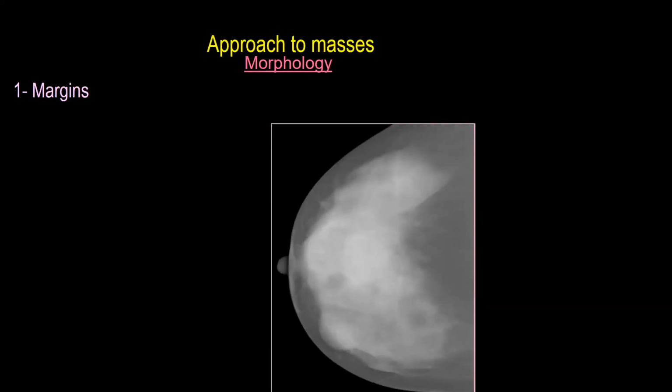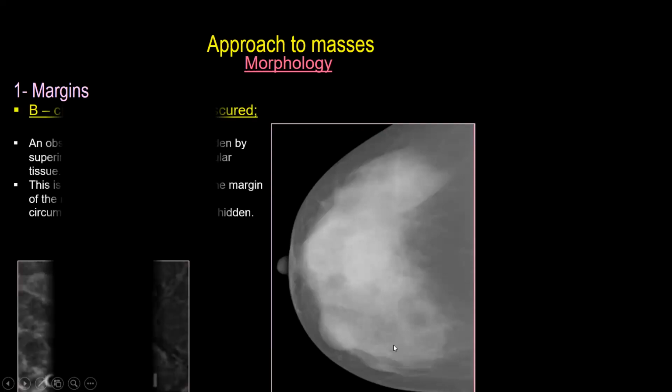Where is the mass? The lateral part of the breast. This is the mass. We can see it is projecting from the contour as circumscribed, half of which is circumscribed, and half of which is obscured by the adjacent parenchyma.